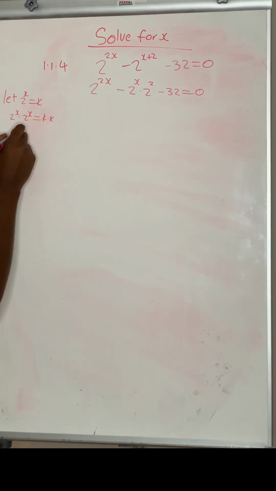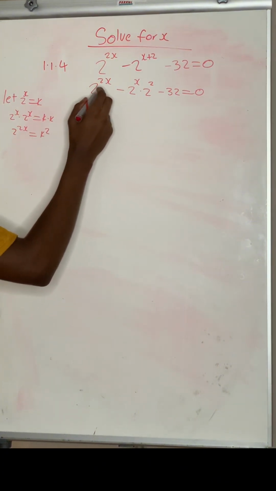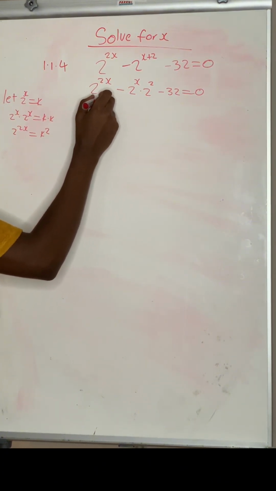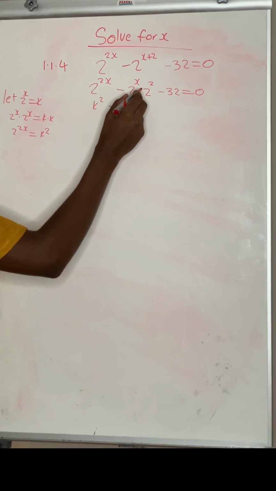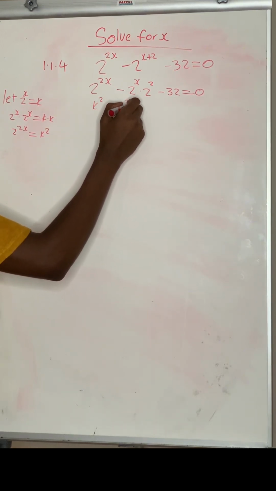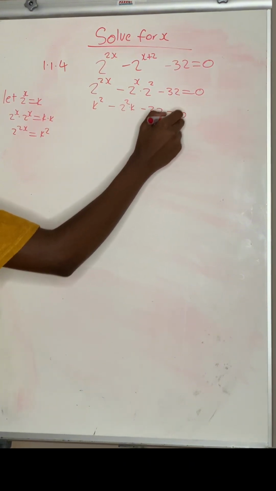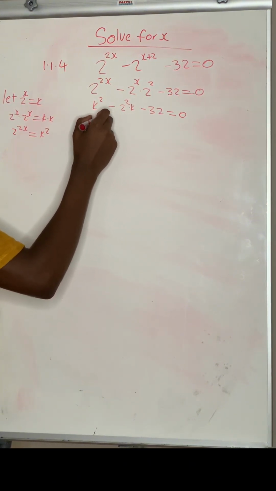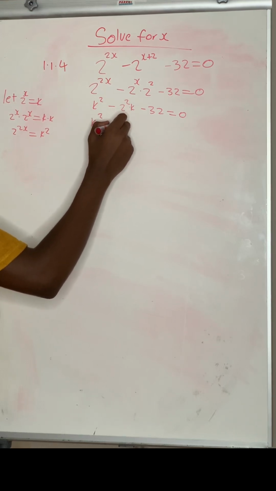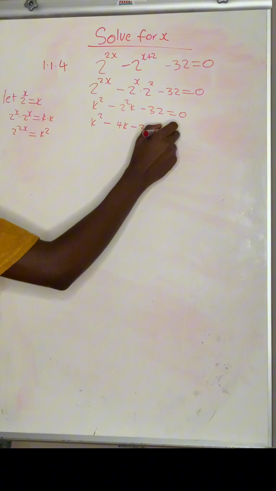So 2 exponent 2x is equal to k squared, which means this is basically k squared minus 2 squared times k minus 32 is equal to 0. And then k squared minus 4k minus 32 is equal to 0.